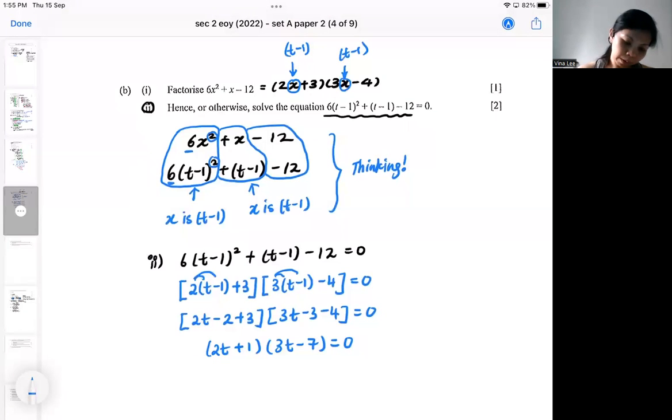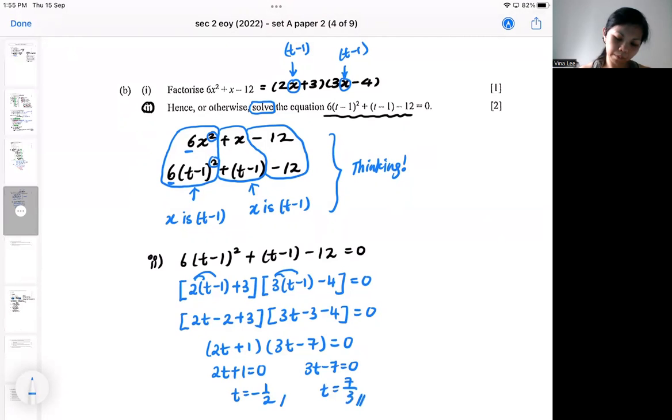So look at it, you're supposed to solve. Solve what? Solve for t. So first bracket equal to 0, second bracket equal to 0. So this is the hence method.